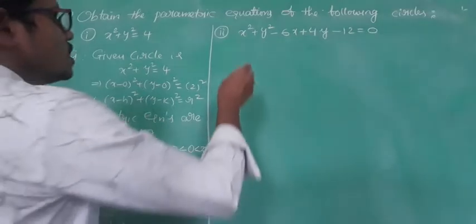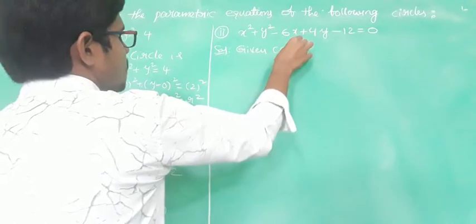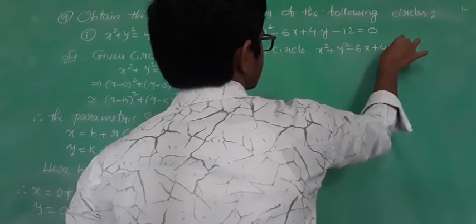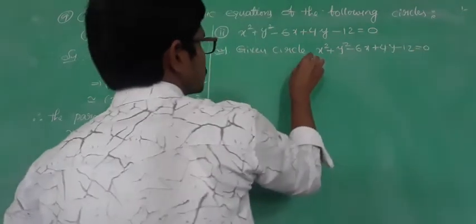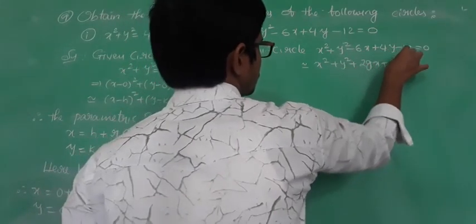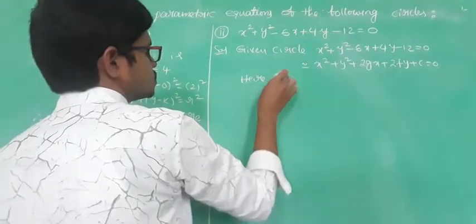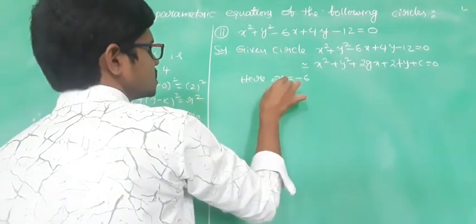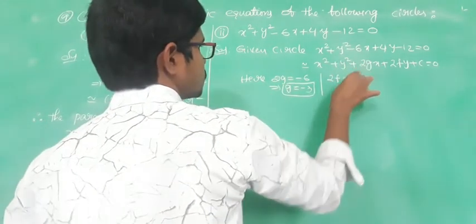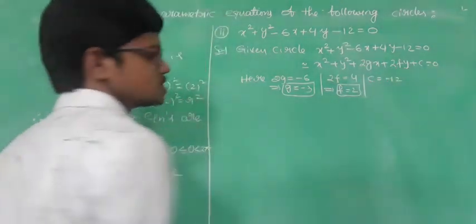So come to this model. The given circle is x² + y² − 6x + 4y − 1 = 0. Now compare it with x² + y² + 2gx + 2fy + c = 0. So 2g = −6, then g = −3, and 2f = 4, f = 2, and c = −1.